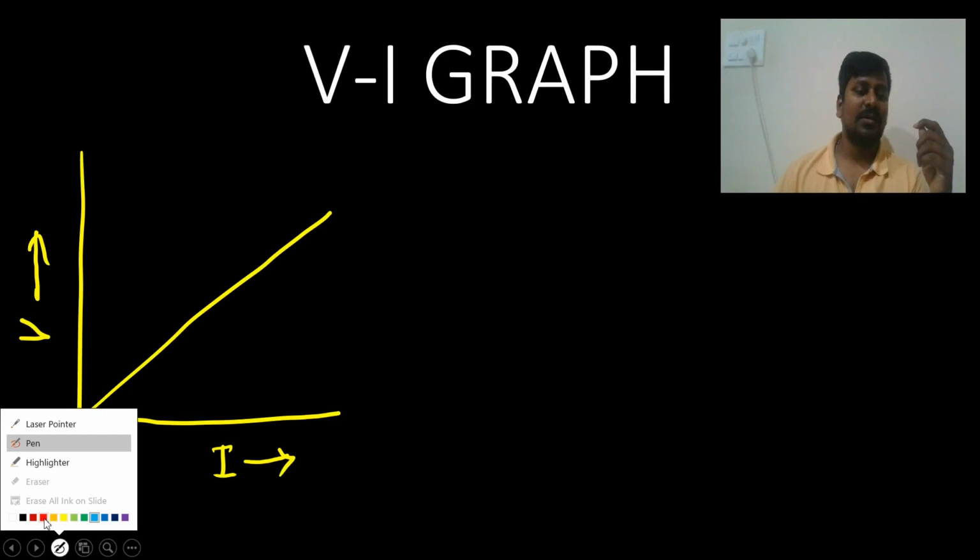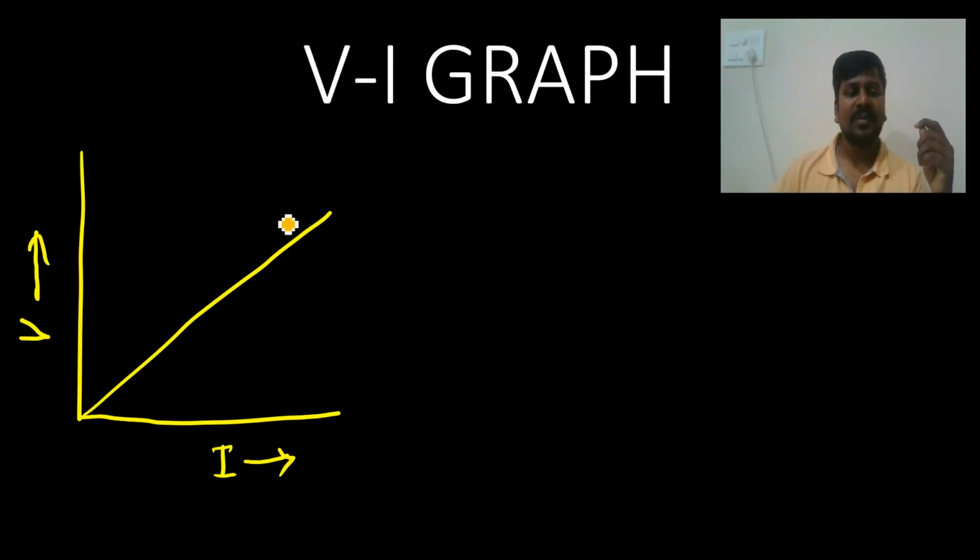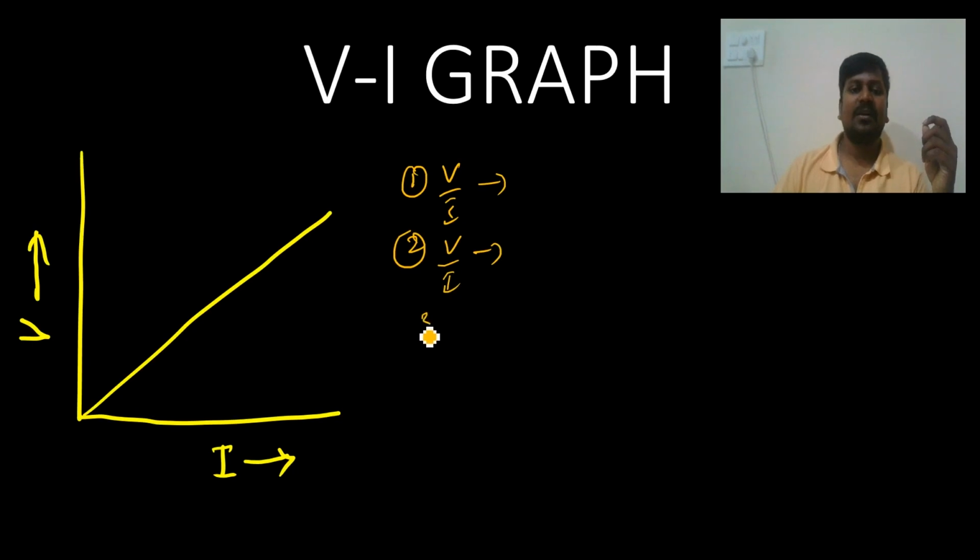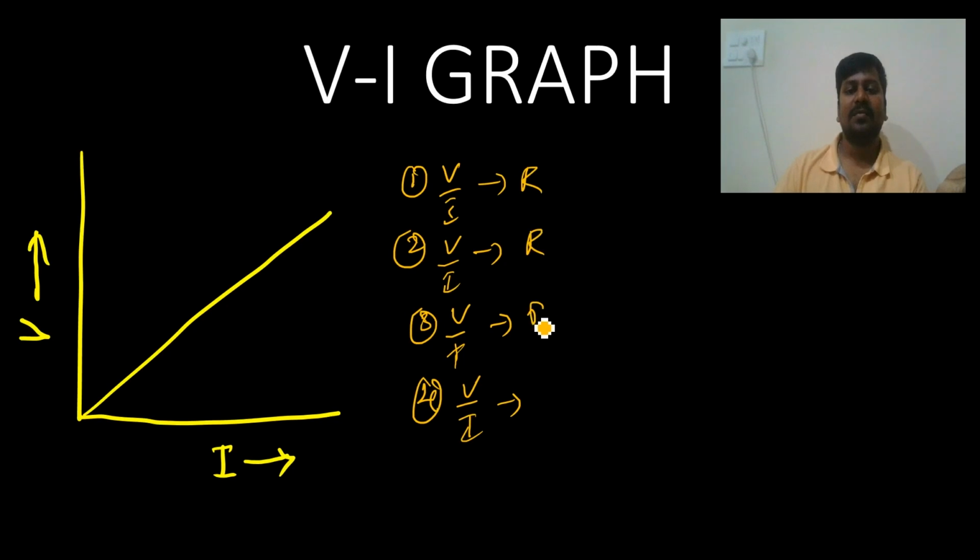In the first case V by I, the second case also V by I, the third case also V by I, and the fourth case also V by I. Every time you find the V by I ratio, you will get an equal value.